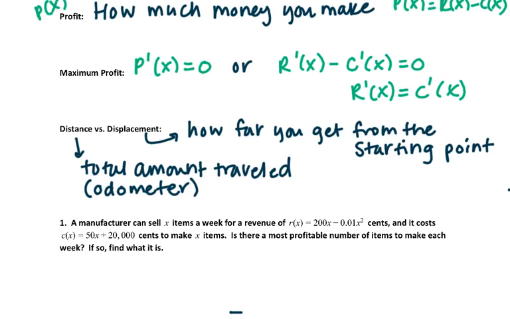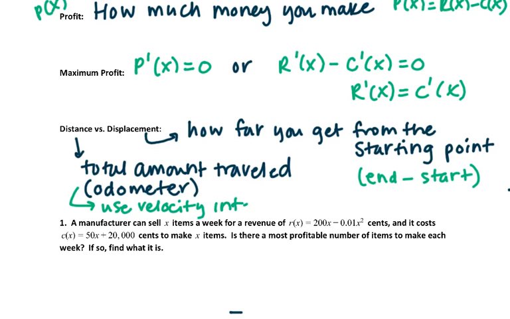It's just end position minus start position. That tells you the distance between them. For distance of the whole journey, we have to instead take into account any change in direction as well. So we have to use velocity, which is the first derivative, and velocity intervals to figure this one out. So it's a little bit more involved.